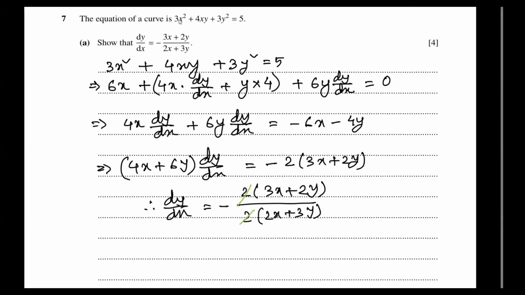So dy by dx equal to minus 5x plus y divided by 12x plus y. So that's 7x.